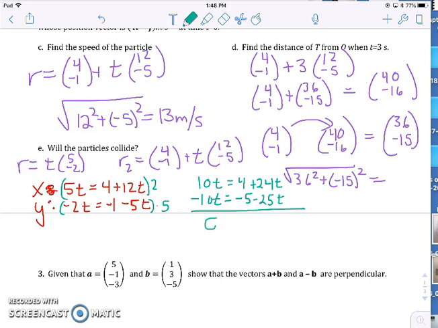Add these together, 0 equals negative 1 minus 1t. So let's see, if I add t, so 1t equals negative 1. So we have t equals negative 1.